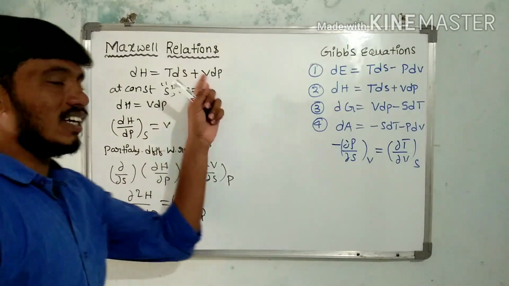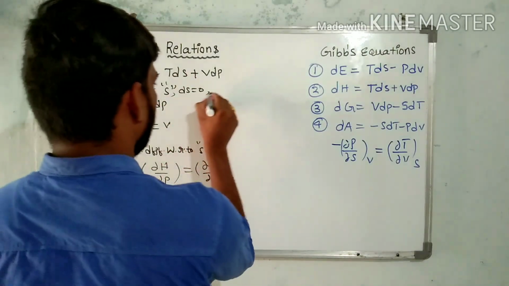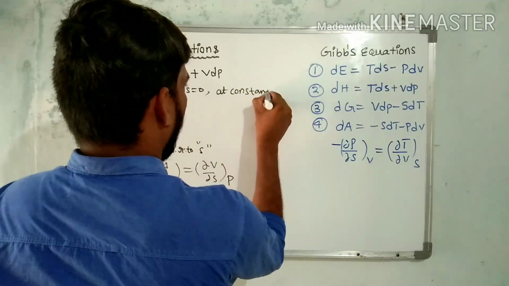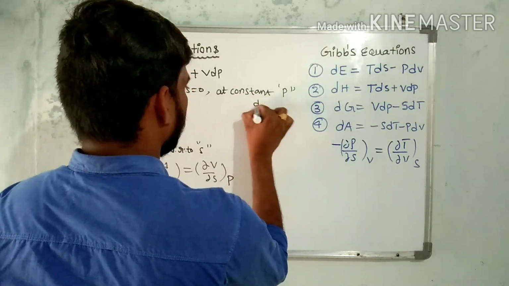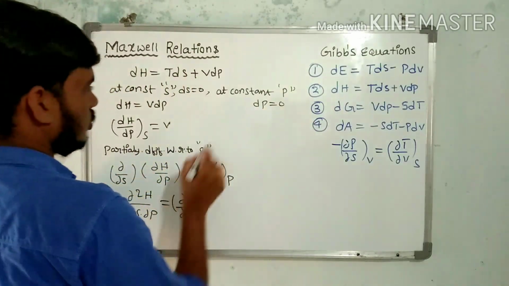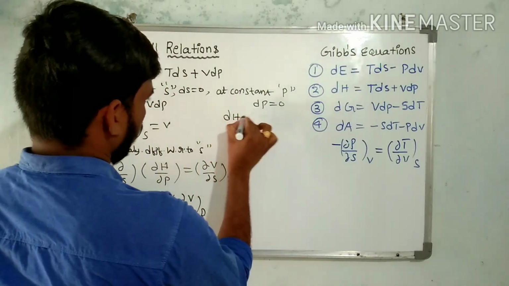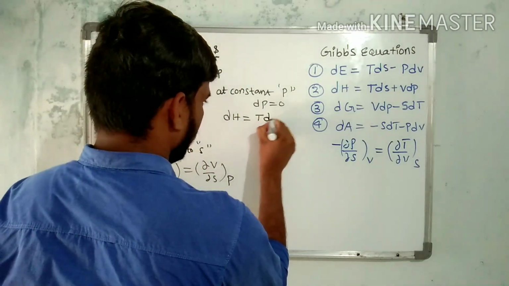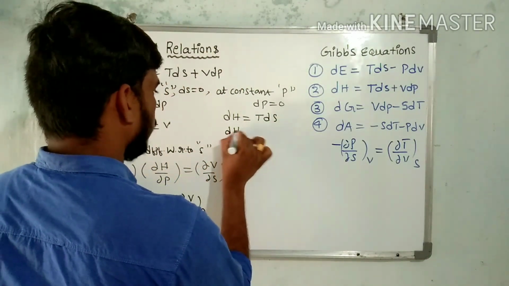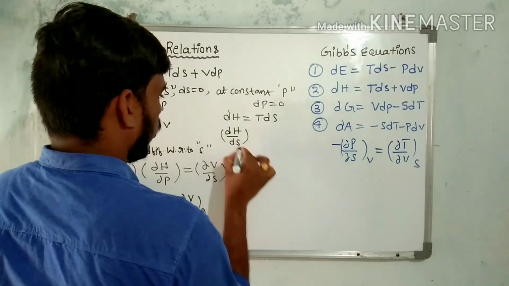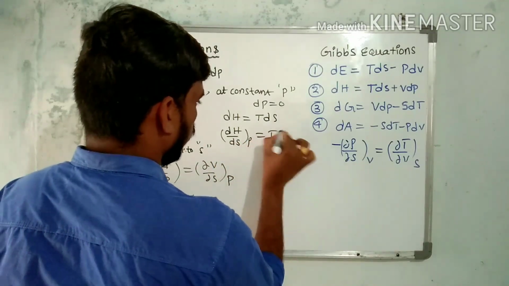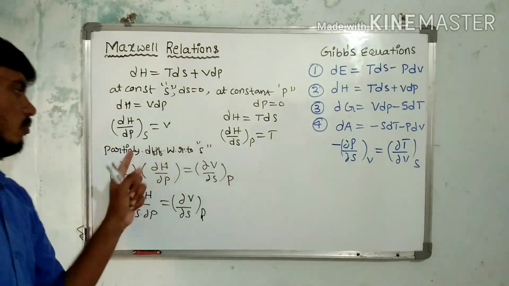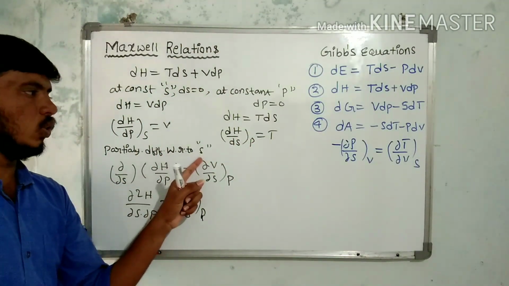Now what happens in this expression at constant pressure? It means dP is equal to 0. Now dH is equal to, this term is also 0, TdS. Now dH by dS at constant pressure is equal to T. Now we take this term partial differentiation with respect to pressure.